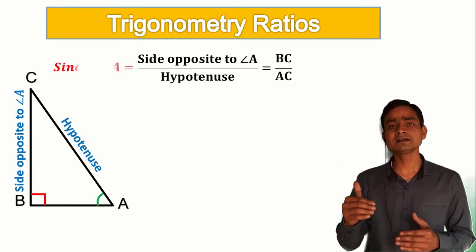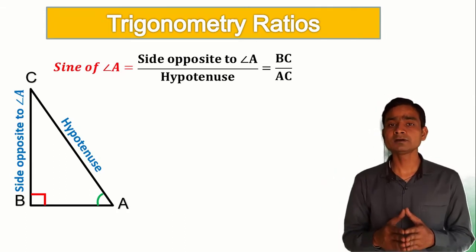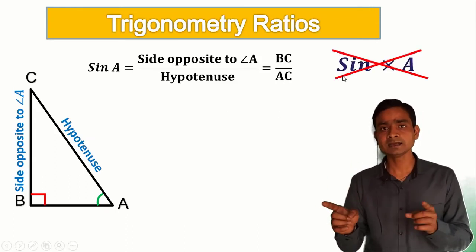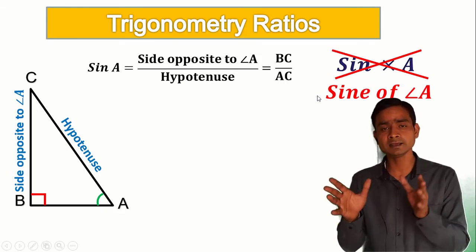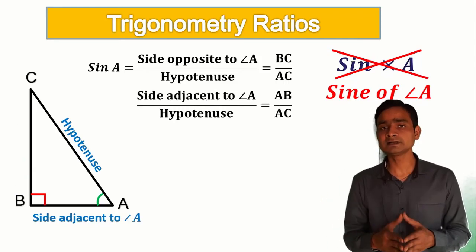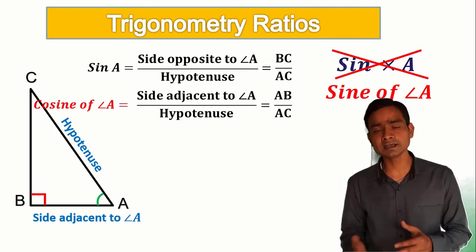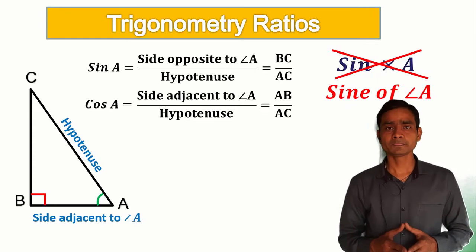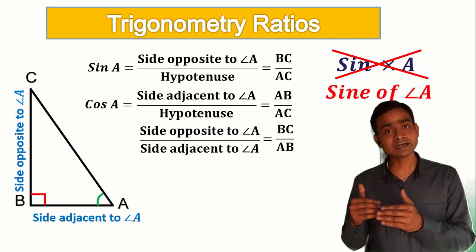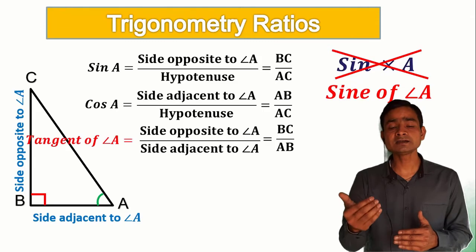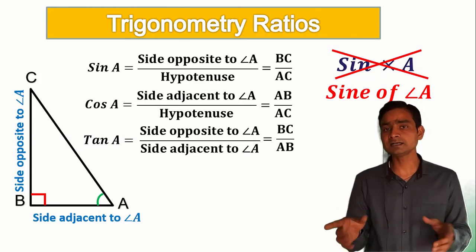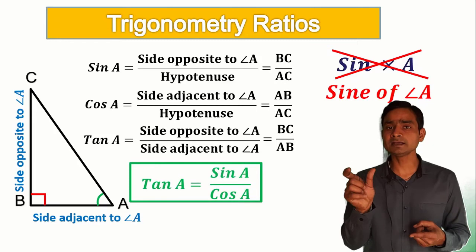So this is known as the sine of angle A, and in short we write it sin A. And it doesn't mean that this is the multiplication of sin and A, it is the abbreviation of sine of angle A. And if we calculate the ratio of the side adjacent to angle A and the hypotenuse, then this is known as cosine of angle A, and in short we use cos A. And if we define the ratio of the side opposite to angle A and the side adjacent to angle A, then this is known as the tangent of angle A, and in short we write it tan A. And there is a relation between these three trigonometric ratios also, that is tan A is equal to sin A upon cos A.